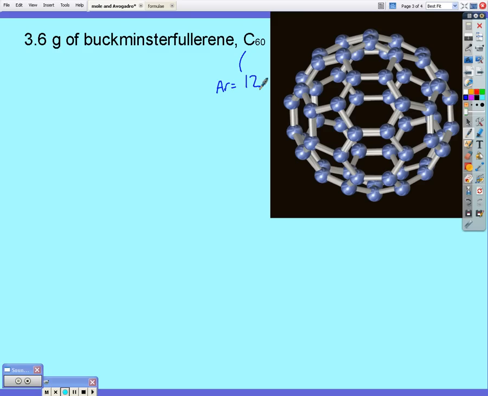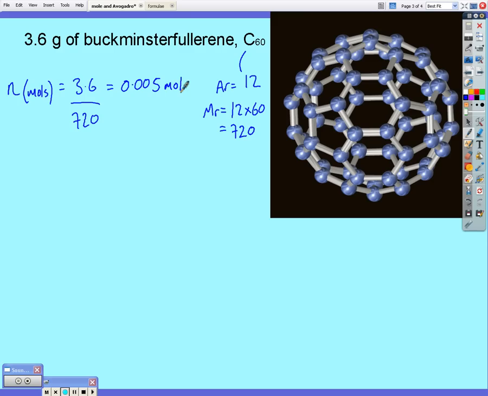So the relative molecular mass of Buckminster fullerene is 12 times 60, which is 720. So if we want to work out the number of moles of molecules of Buckminster fullerene, it's equal to 3.6 divided by 720, which is 0.005 moles.